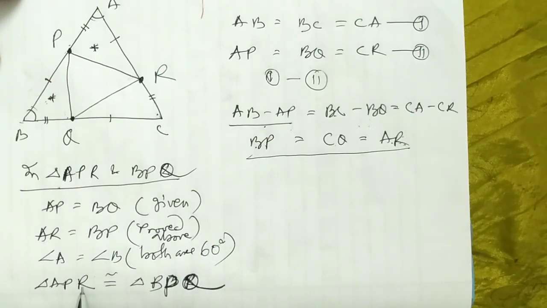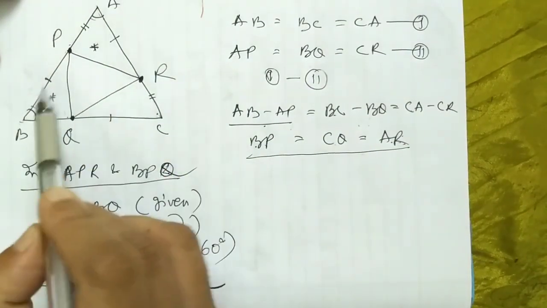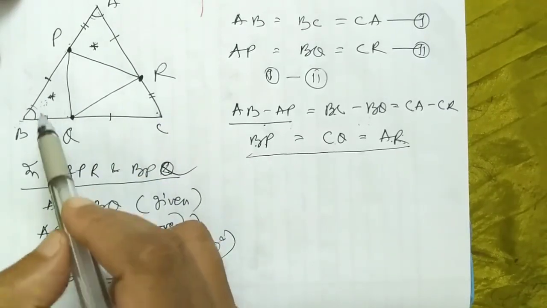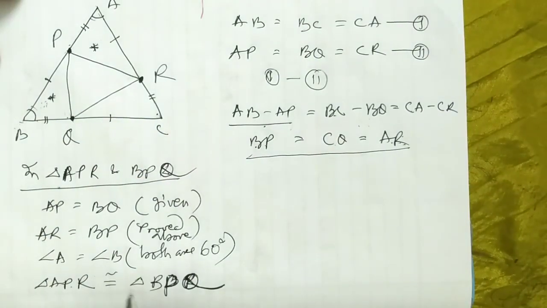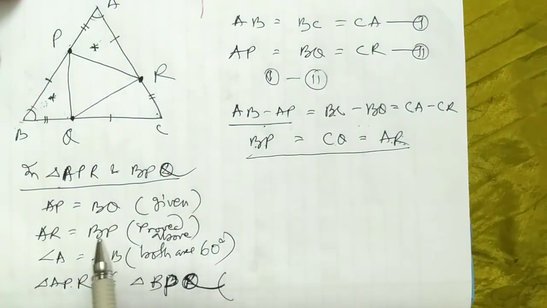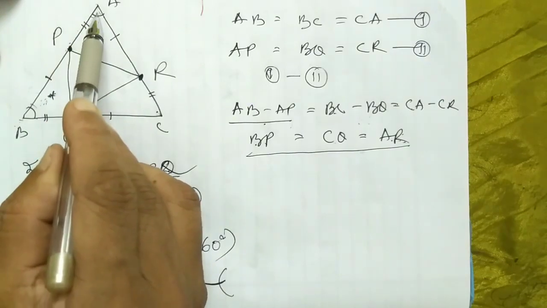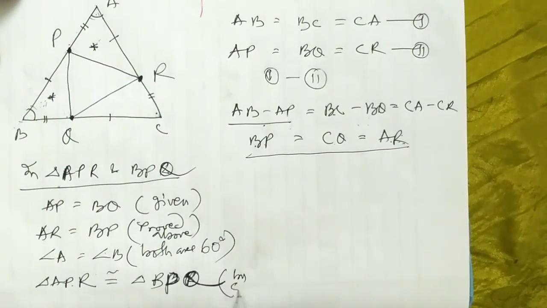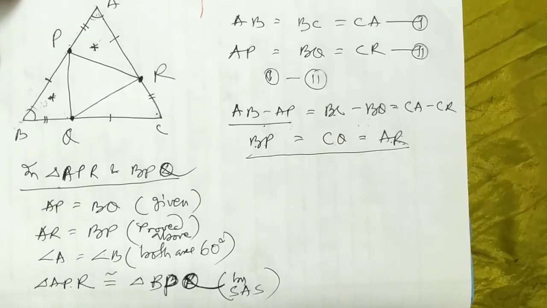So now APR and BPQ, these two triangles are congruent. Since these two triangles are congruent, by which property? Yes, side angle side. Okay.